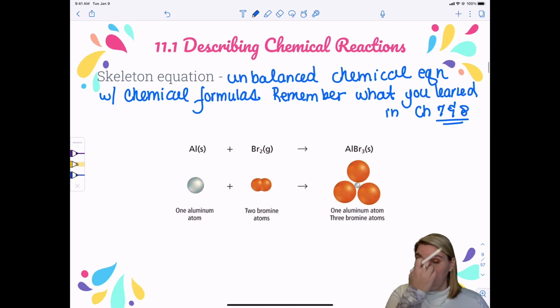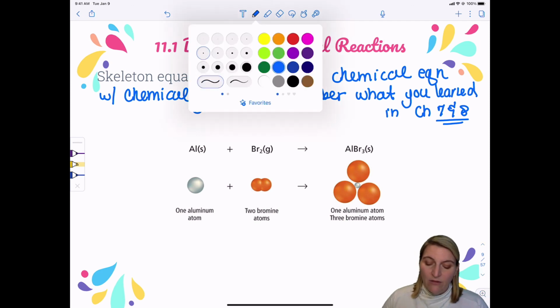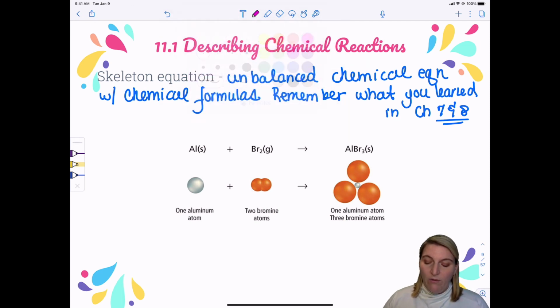And then once we have a word equation, we can translate that into what we call a skeleton equation, or an unbalanced chemical equation, this time with the actual formulas of the compounds. One thing that students often forget here is the things that they learned in chapters 8 and 9.